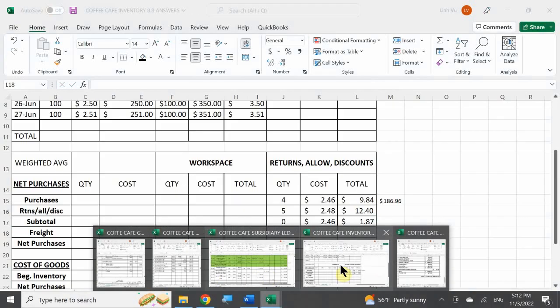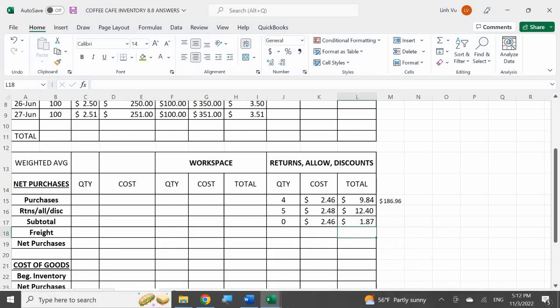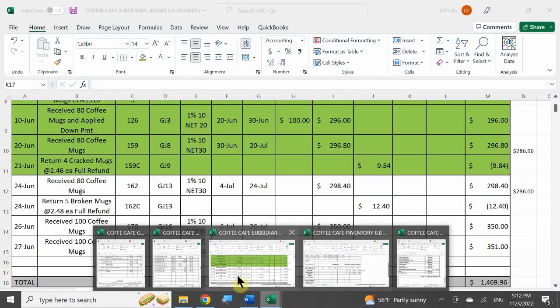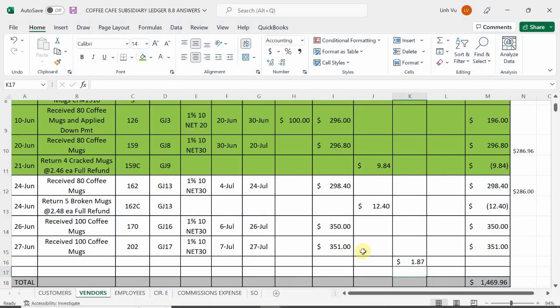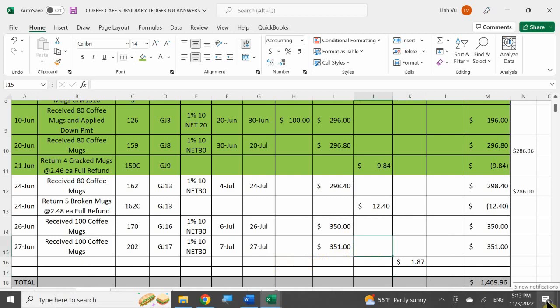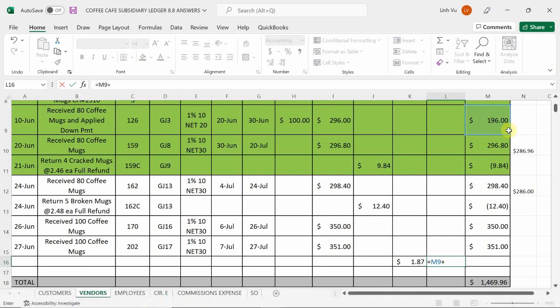Then I am going to calculate the total payment to be 196 plus 286.96 minus $1.87.